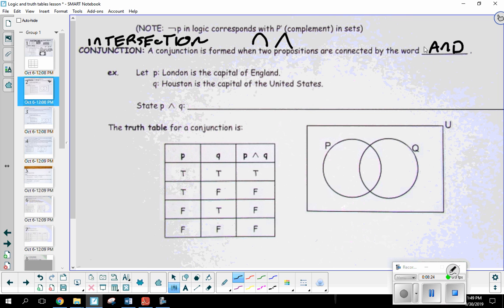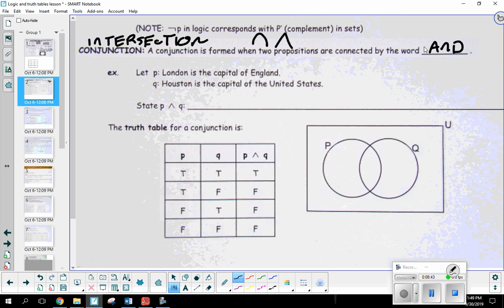All right, so here's my example. I've got 2 statements here, 2 propositions. London is the capital of England, and Houston is the capital of the United States. So I want to state the conjunction or the intersection of the 2. All right, well, all I'm going to do is hook these 2 sentences together with what word? And.